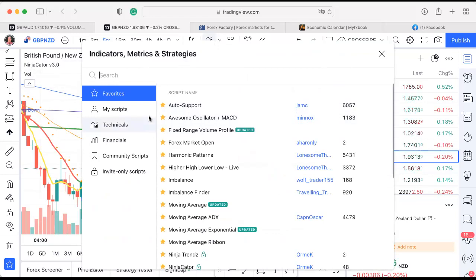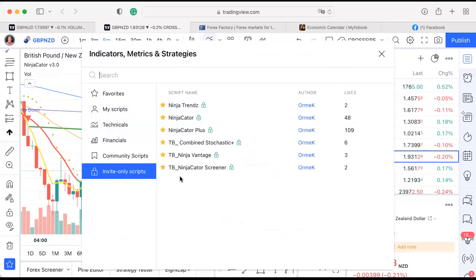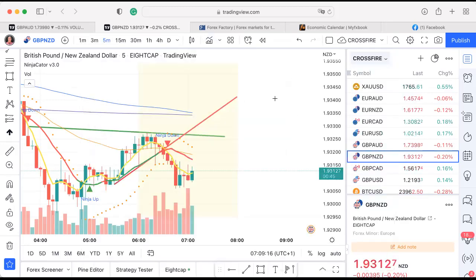Did it yesterday. It's to do something to do with the ninja up and down. So probably that one there, Indicator Plus, which I've got on. I probably need to log out and log back in again to get the 3.1. But anyway, it's a minor tweak to the alert.